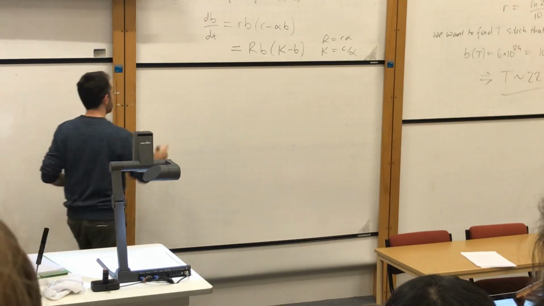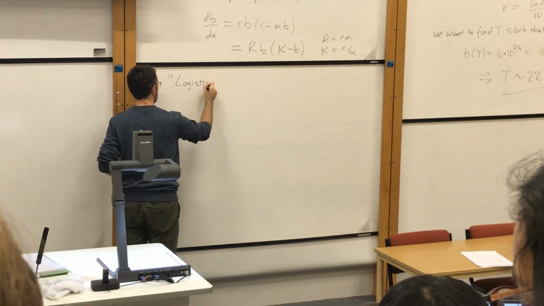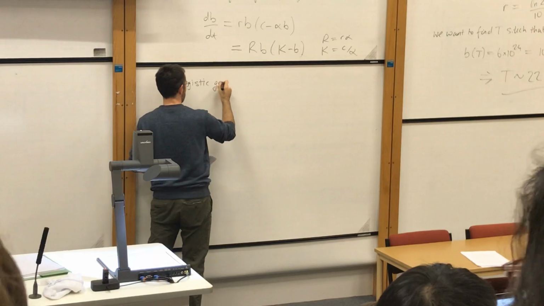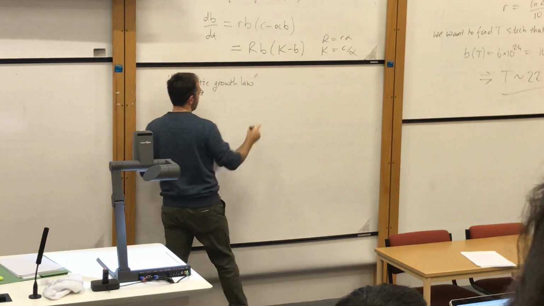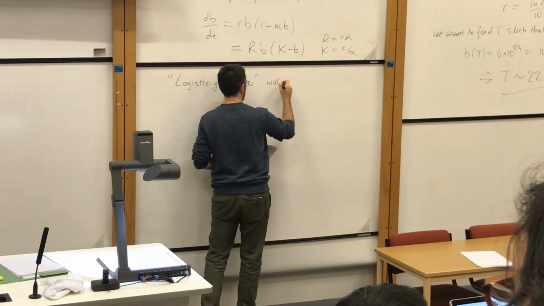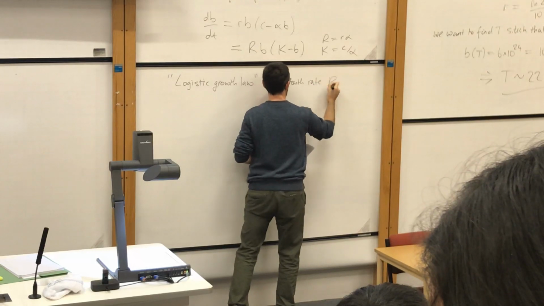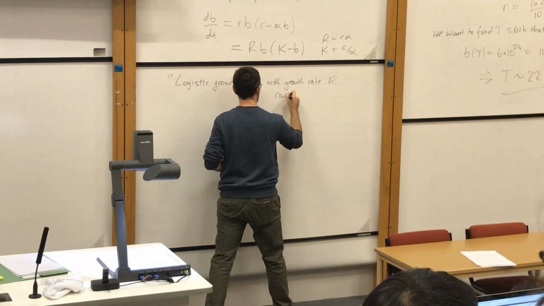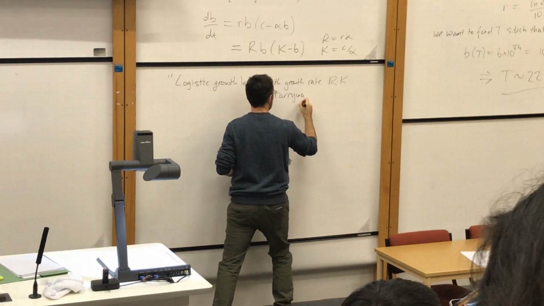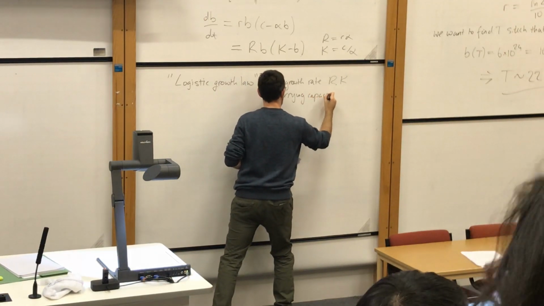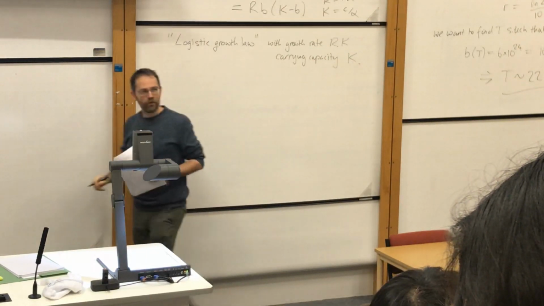And this may be an equation that some of you are familiar with. This describes a logistic growth law with growth rate big R and carrying capacity B_K.